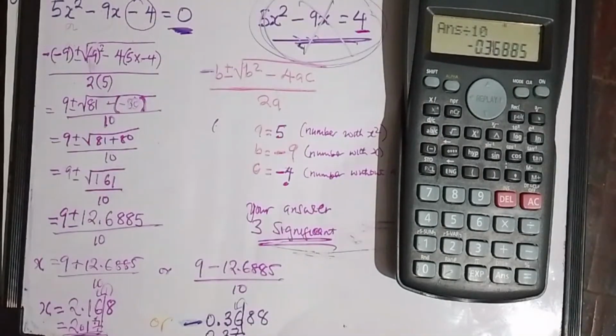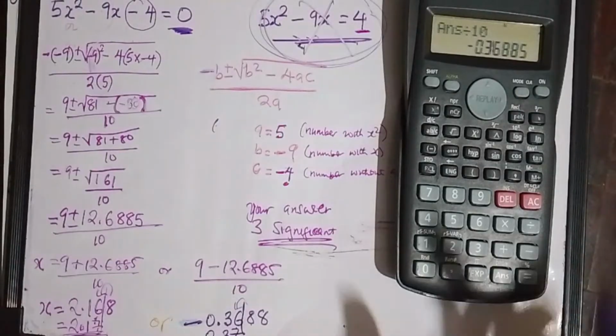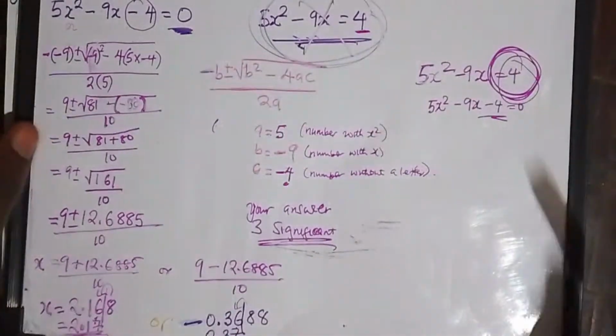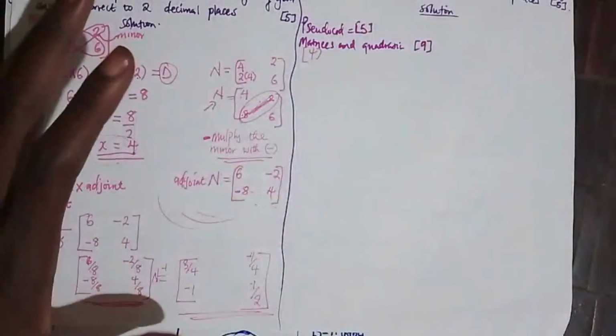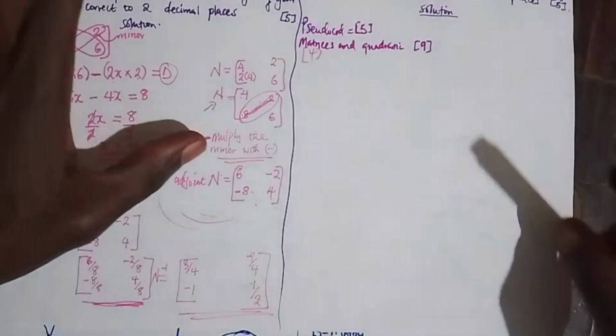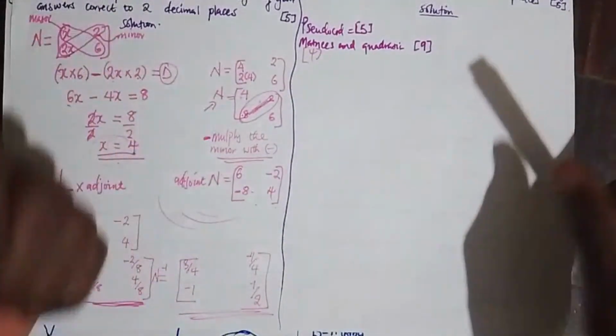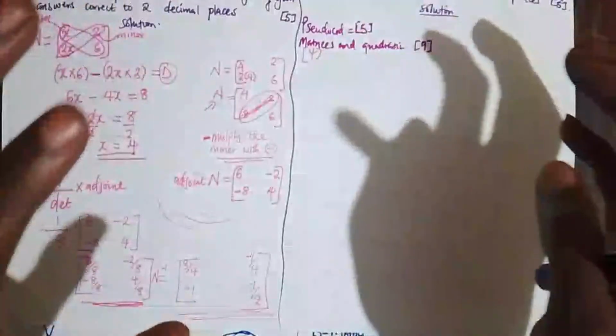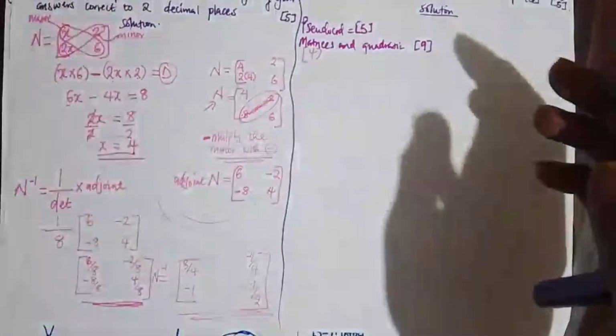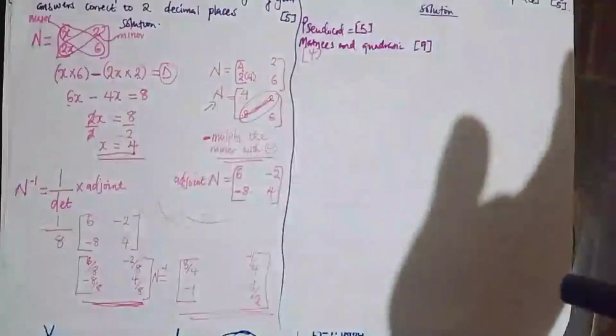So this is how you can solve a simple quadratic equation. We have covered matrices and quadratic equation, which means you have gotten your first 14 marks just from 3 questions.